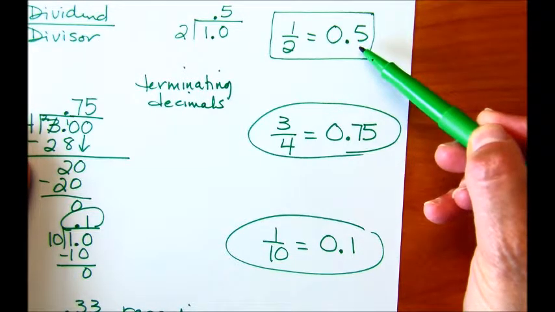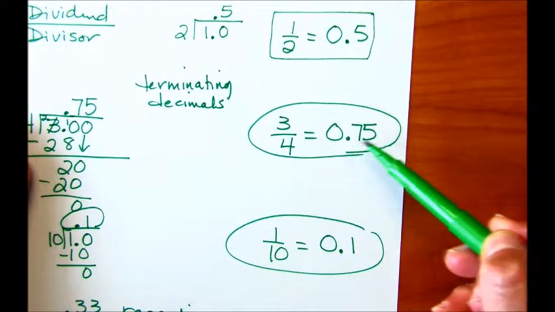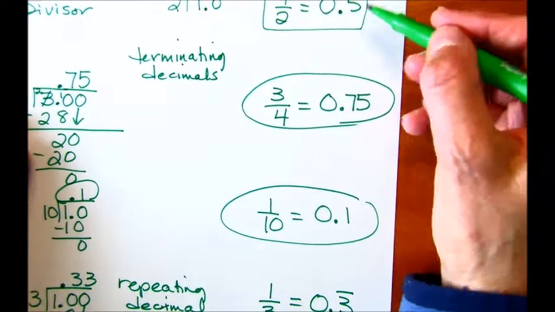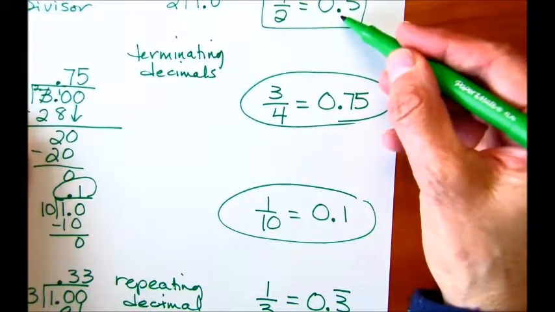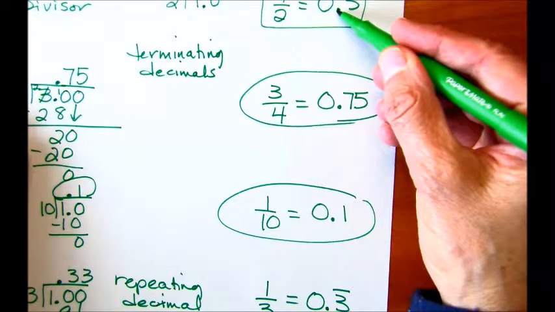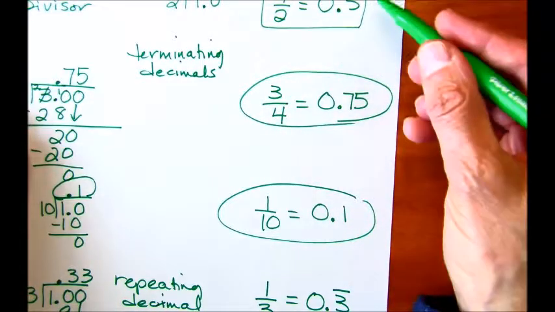In this case, there's 1. In this case, there's 2 decimals, or decimal numbers, and then here we also have 1. There's lots of examples where you're going to have a lot of digits following the decimal point, but they're still going to be terminating because at some point they're going to end.